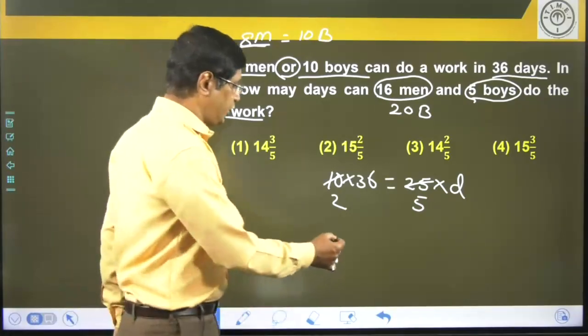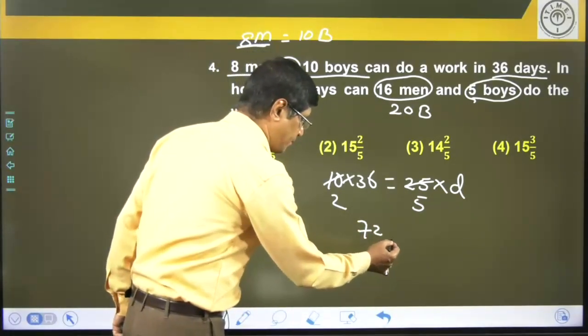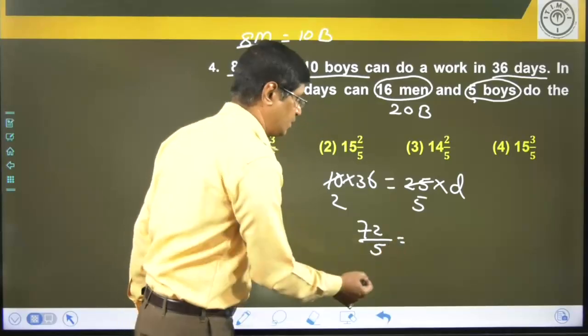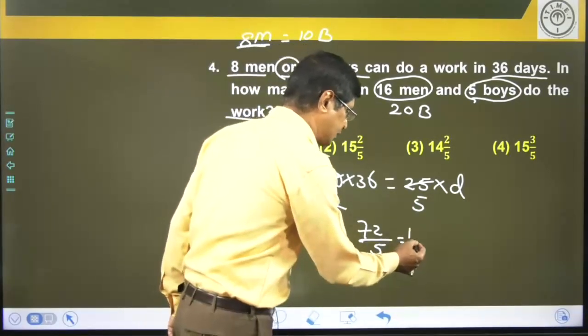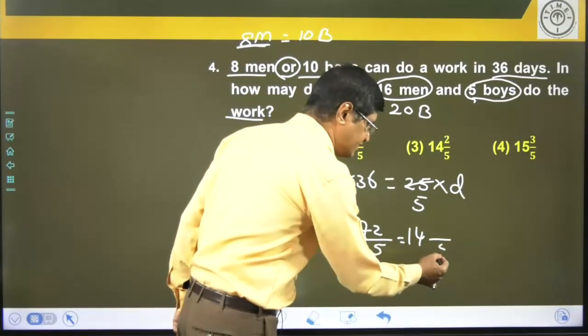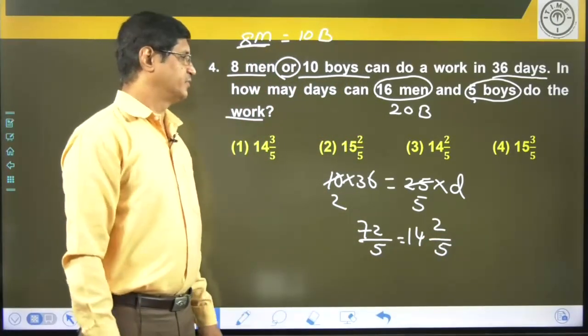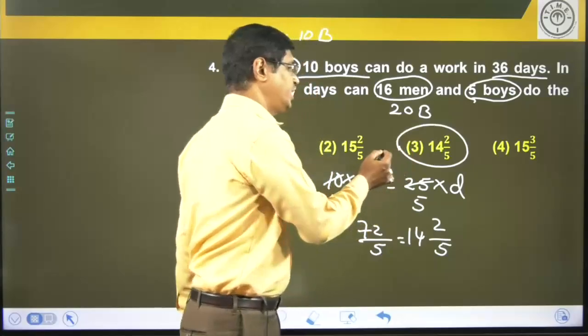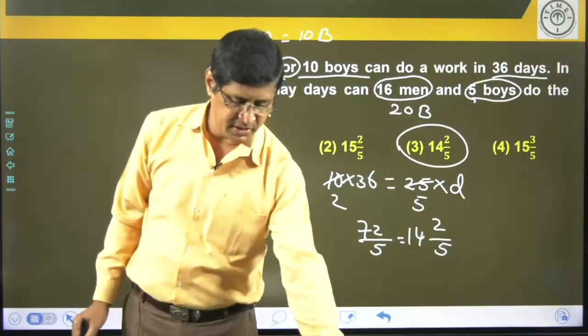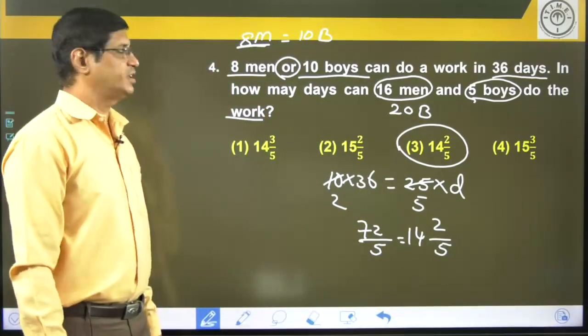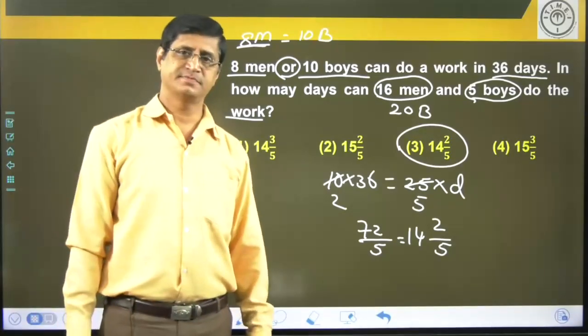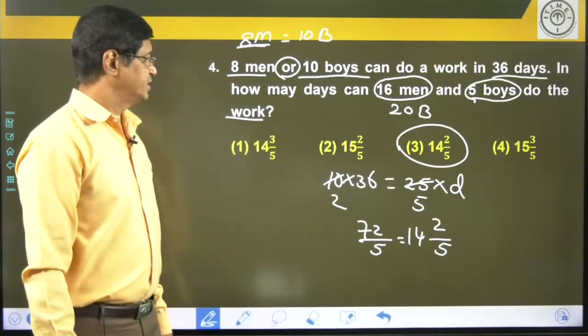The result is 72 by 5. How much is it? It is 14 times of 5, 70, and left with 2. The remainder is 2. The answer for this question, 14 and 2 by 5, is the right answer. So option number 3, the third choice, is the right answer.